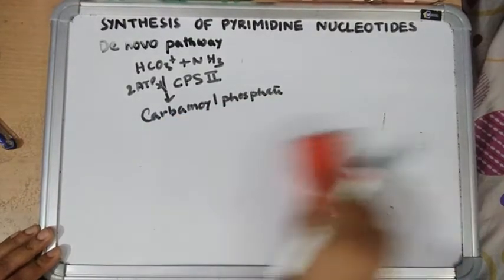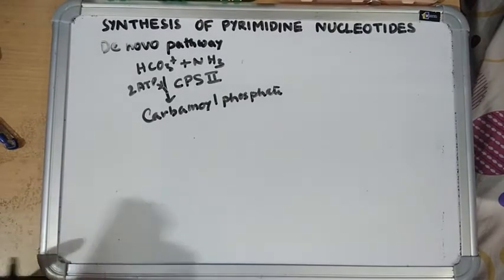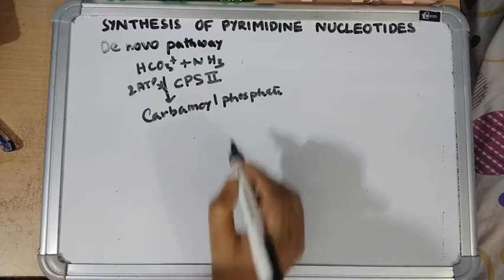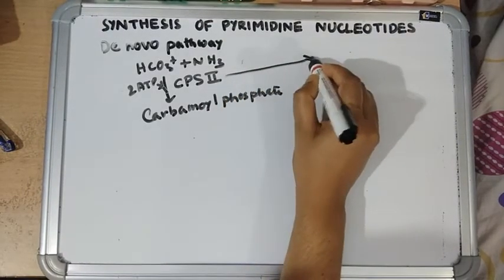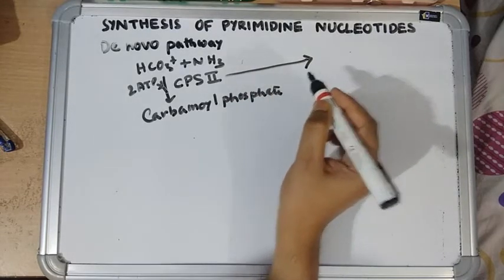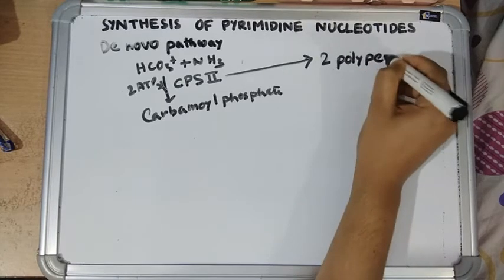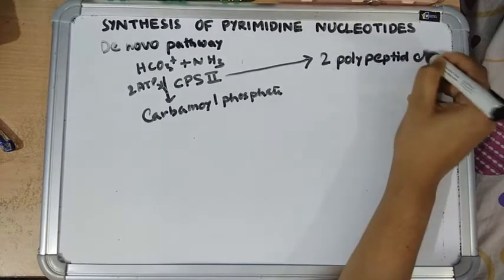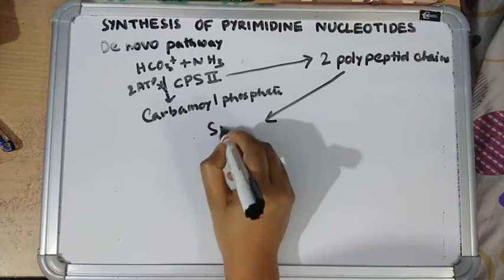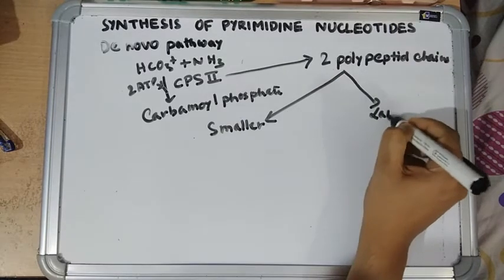Now the first reaction, bicarbonate and ammonia combine to form carbamoyl phosphate, catalyzed by carbamoyl phosphate synthetase 2 enzyme. And this enzyme has two polypeptide chains, a smaller chain and a larger chain.